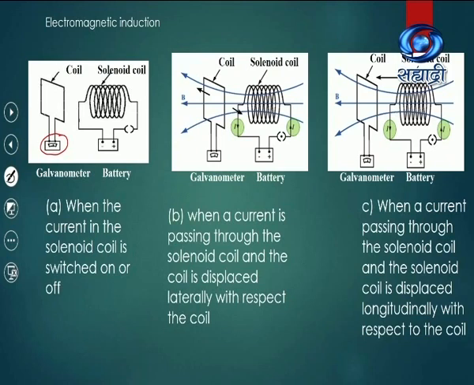And if the solenoid coil is moved towards or away from the coil, we can see deflection in the galvanometer. If the displacement of solenoid is faster, the deflection of galvanometer pointer will be larger. So, if the current in a solenoid coil is changed, a current is produced in the coil. If solenoid coil is moved towards the coil, then also current is produced in the coil.